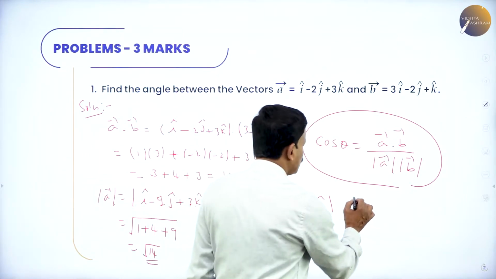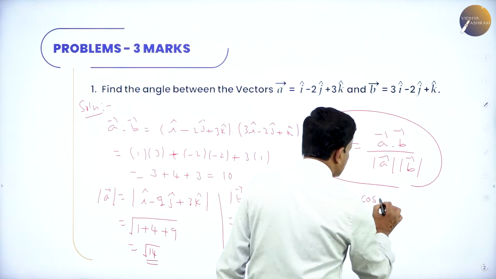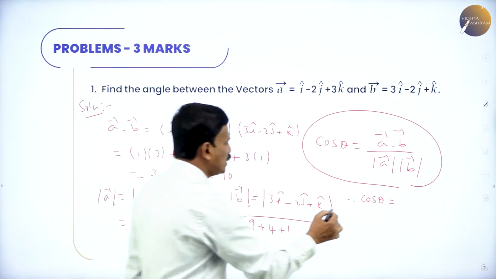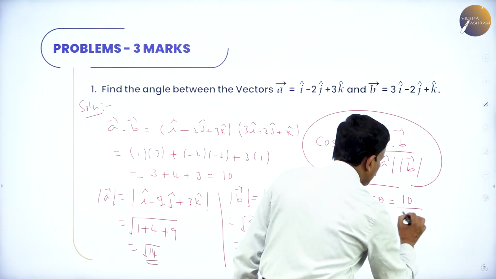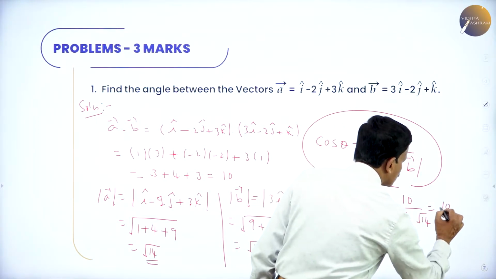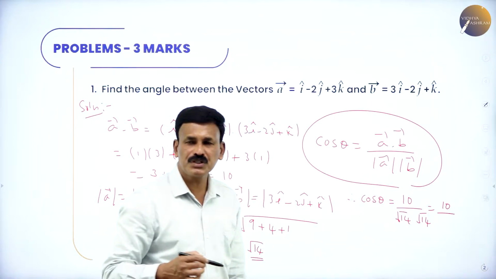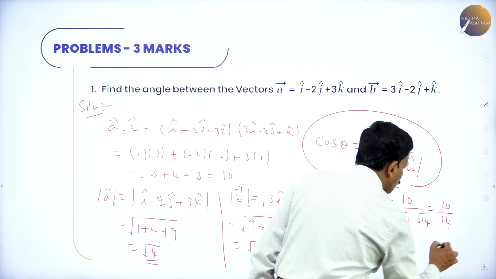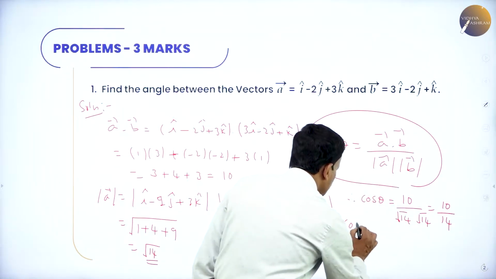So therefore, the angle of intersection between the vectors is given by cos theta is equal to A dot B, which is 10, divided by length of A, root 14, into length of B, root 14. This is 10 divided by root 14 whole square. The square root gets cancelled. This is equal to 14. Now cos theta is equal to 10 by 14.